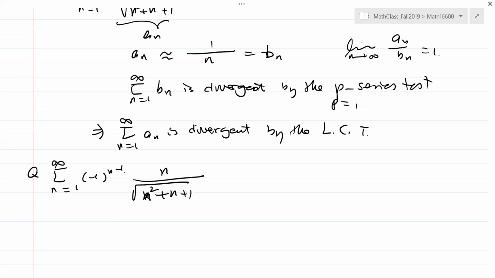The alternating series test only tells you whether the series is convergent. You cannot use the alternating series test to prove something is divergent. Remember the statement of the alternating series test: if such conditions hold, then it's convergent, right? It never says anything about when it's divergent.